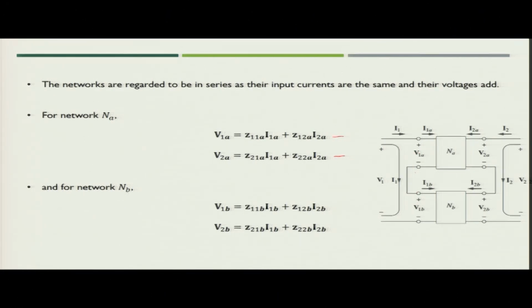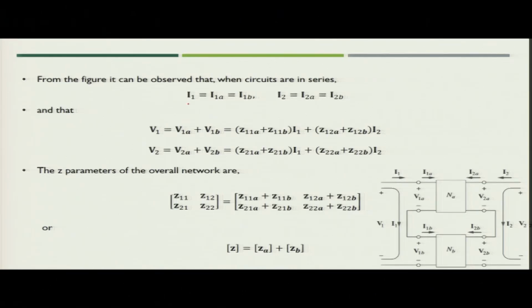So, these two equations we can use to simplify the four equations which we wrote independently for network A and network B. Since I1 is equal to I1A and I1B, I2 is also equal to I2A and I2B, and V1 is V1A plus V1B, we will put in the values of V1A and V1B and replace I1A and I1B with I1, and I2A and I2B with I2.